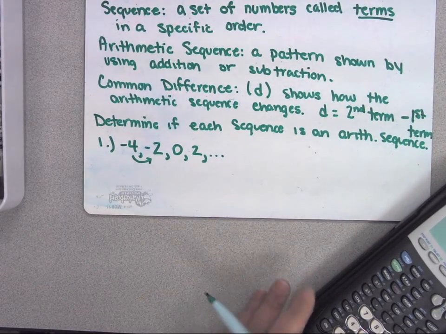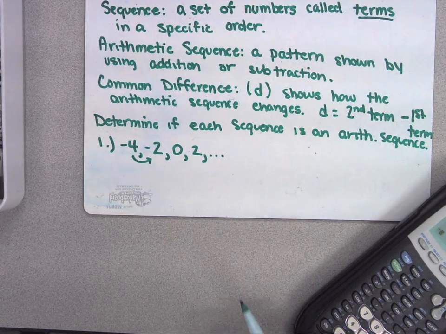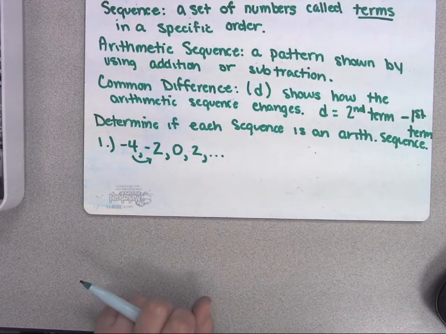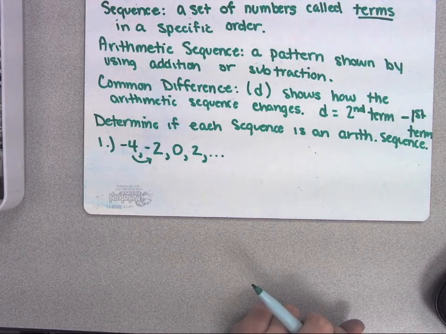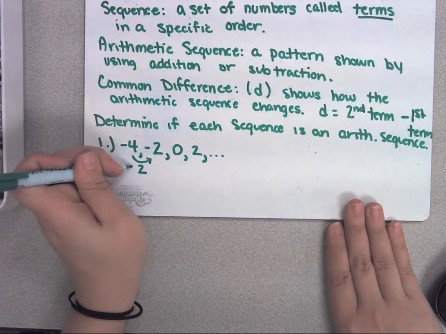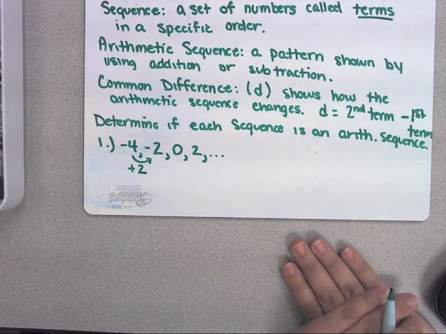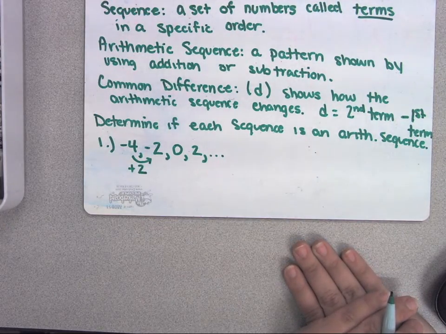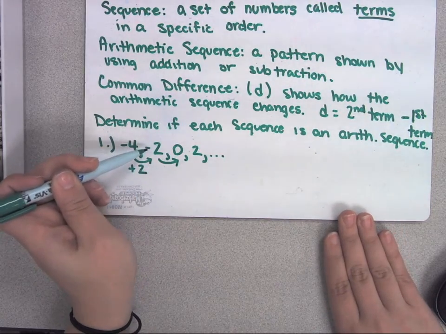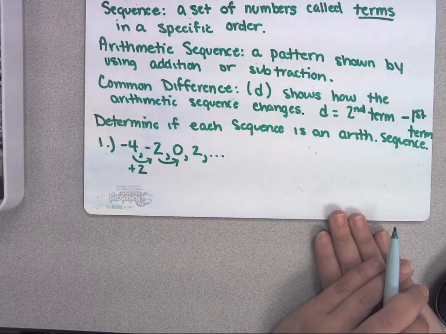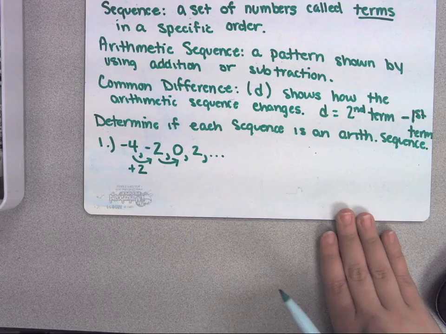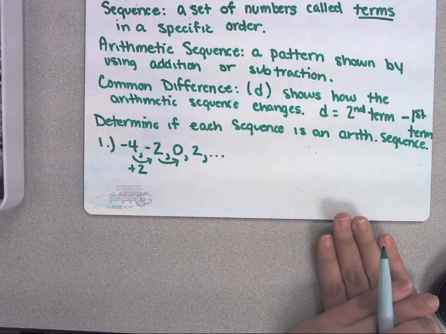I'm going to grab my calculator and type in -2 minus -4, if I can't do that in my head. What's the answer? 2. So I'm going to write 2 underneath it. It's a positive 2, so really we're adding 2. I'm going to write +2. Now we have to do the same thing for every single one. 0 minus -2: does that also give +2?